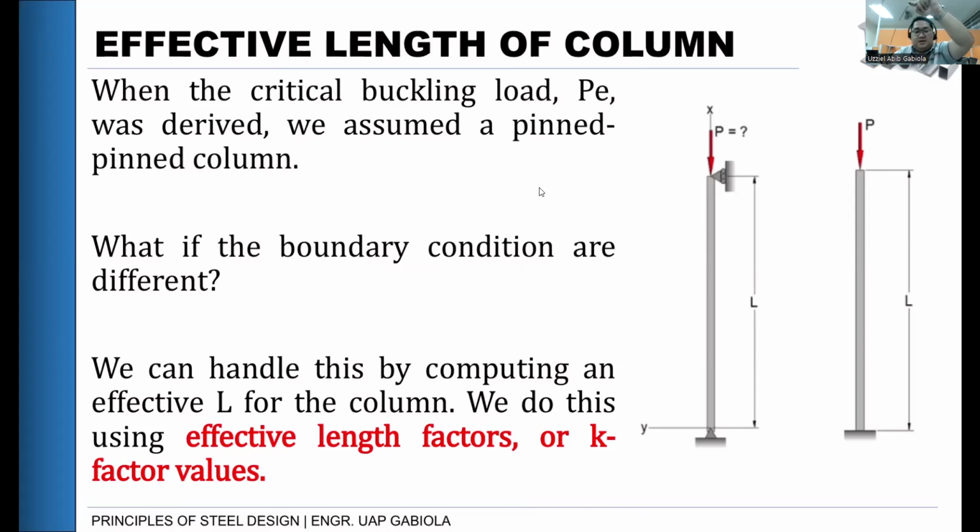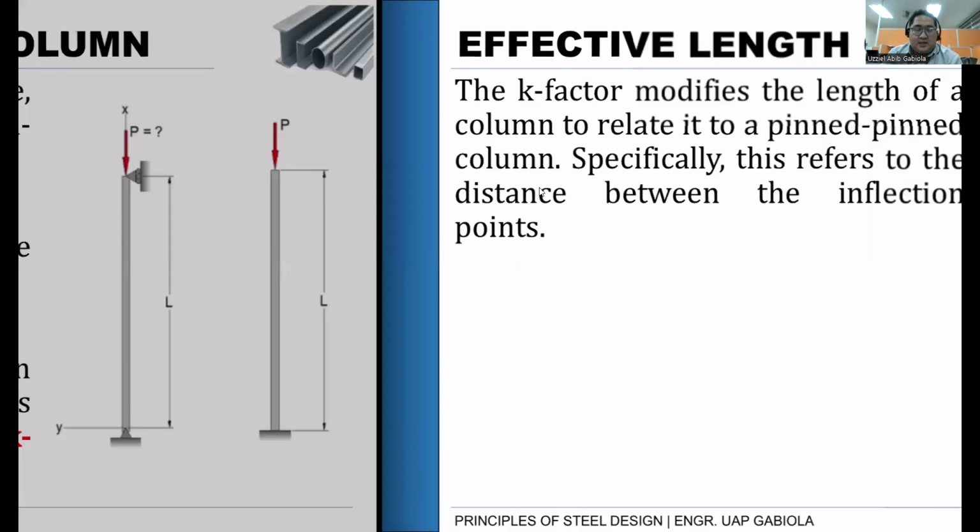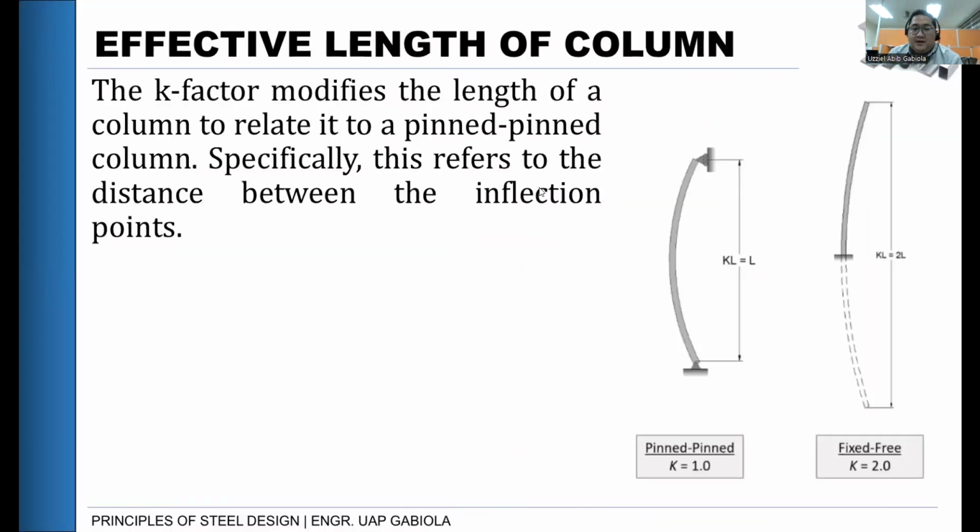Pag fixed yung ilalim, tapos naka-free yung end, iba yung nagiging itsura ng buckled shape natin, and iba yung consideration niya. Okay? So, we can handle now this by computing yung effective length for the column, and we do that by introducing effective length factor, yung K factor values natin. Okay? So, dito nakalagay yung K factor, minomodify niya yung length natin ng column to relate it to a pin-pin column. So, katulad ng sinabi ko, di ba? Kung fixed to, tapos free to, yung shape niya parang kalahati lang siya nung actual na isang buo natin na ganyan.